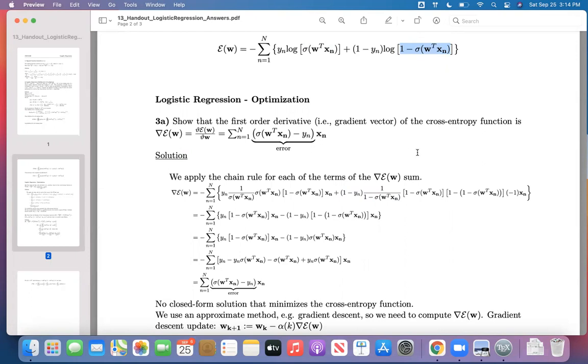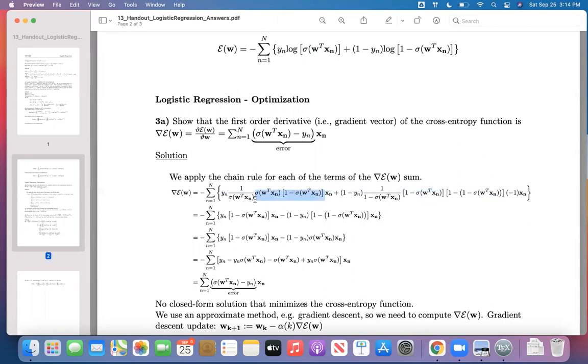By the first order derivative of sigma of n. This is 1 minus sigma of n, which is essentially sigma of n, and then 1 minus the 1 minus sigma of n. This thing here and this thing here have been derived in exactly the same way.